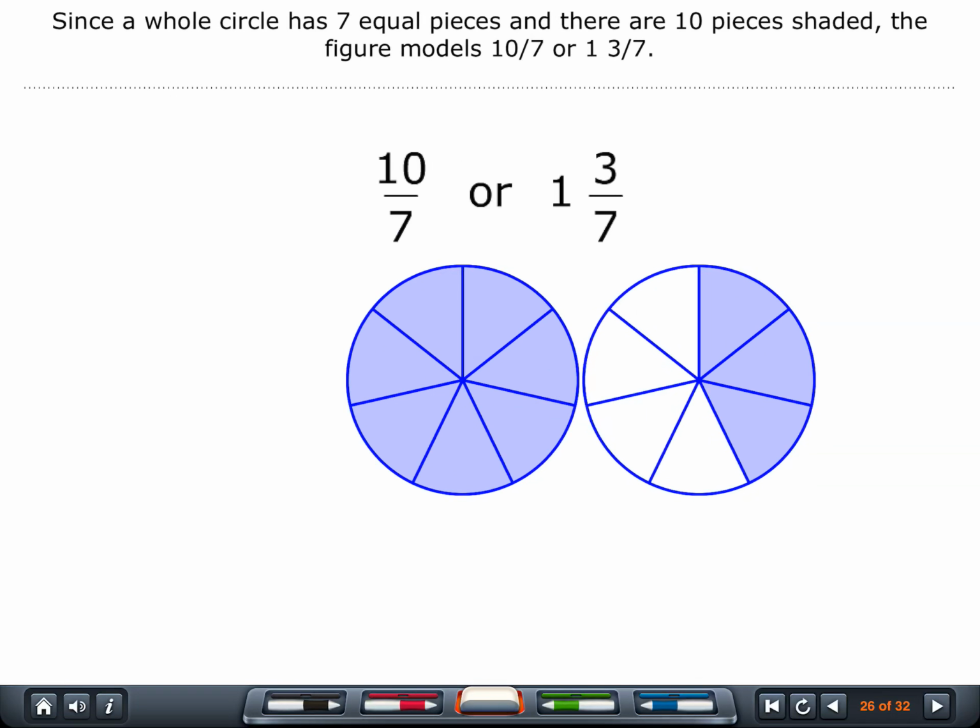Since a whole circle has 7 equal pieces, and there are 10 pieces shaded, the figure models 10/7, or 1 3/7.